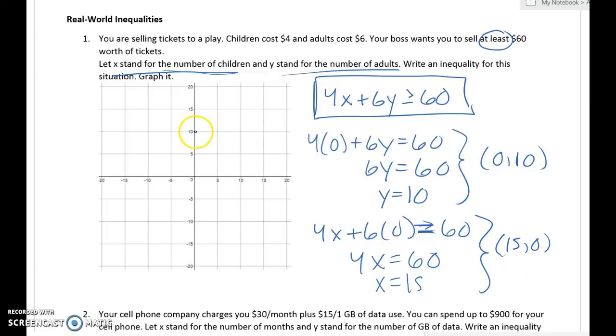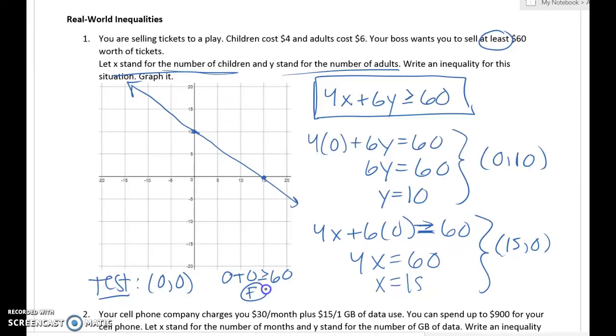So let's plot those. We have 0, 10. We have 15, 0. Included, because it's at least $60, so $60 would be acceptable. So it's a solid line. And then for our test point, 0, 0. So is 0 plus 0 greater than or equal to 60? No. So 0, 0 is not included.